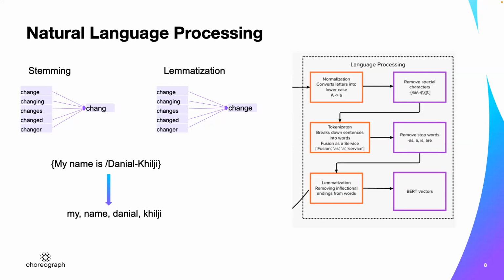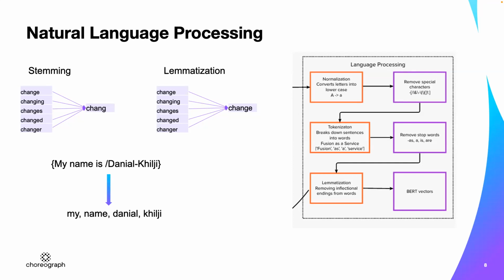What we mean by normalization is basically we convert all the uppercase letters into lowercase letters. So in both of the lists, we have all the letters of all the words in lowercase. And then we move to the next part where we remove special characters of any kind that exist in any of the words. So it could be any kind of special brackets or special signs, maybe a dollar sign or slash or anything.